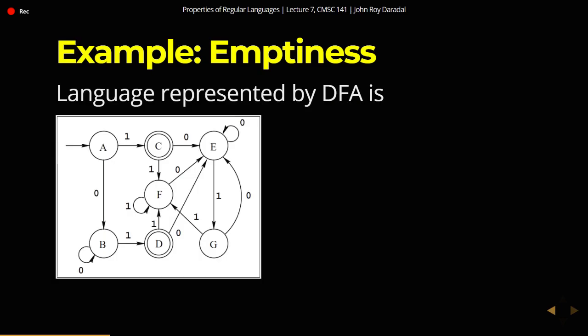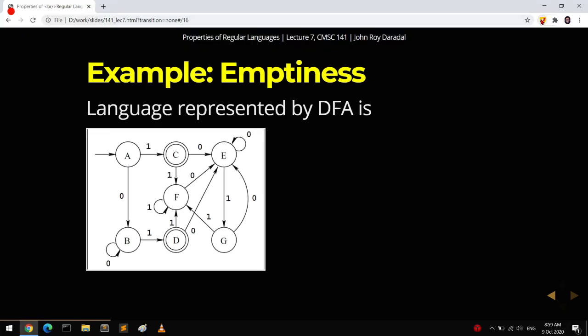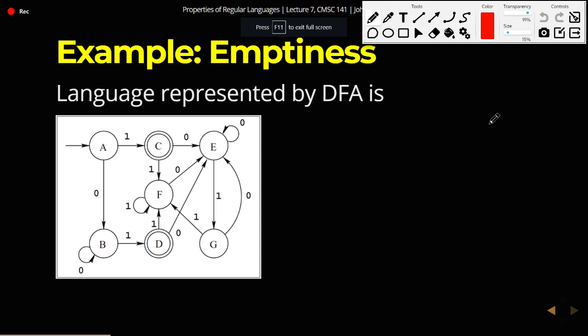Okay, so let's see. Given this DFA as an example, is this empty or not? Let's try to see what states are reachable from the start state. Our start state is A. So this one is reachable, of course.